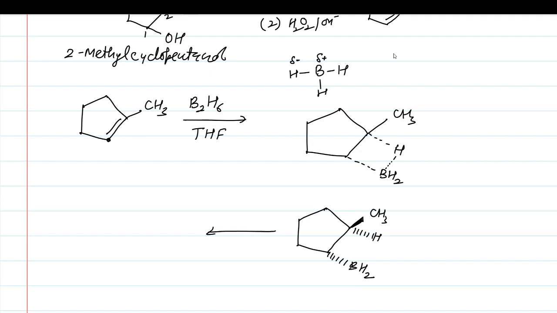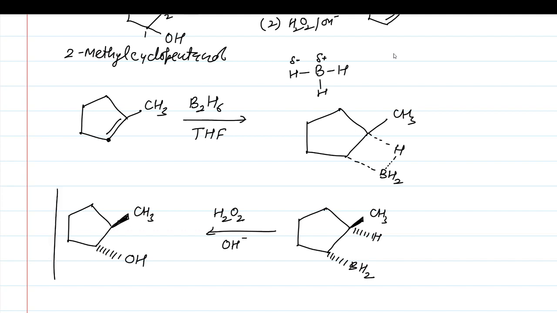Now H2O2 in the presence of OH negative ion. So this BH2 is replaced by OH on the same side. There is no need to write H, this is CH3 and this is OH.